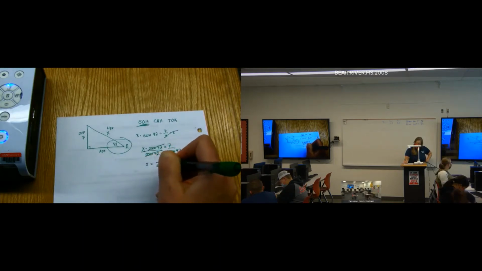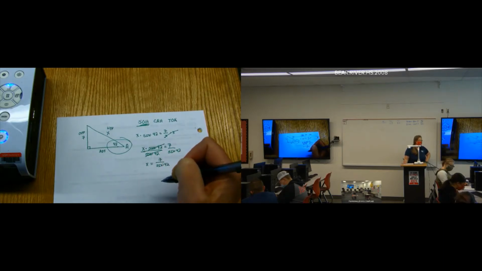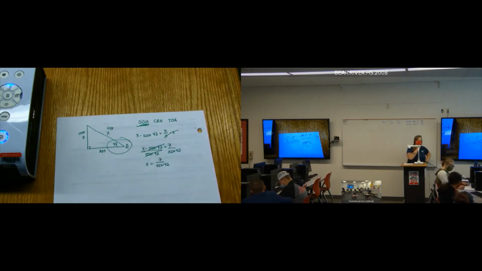Do you have your calculator out? No? Do you have your computer screen on? I knew you did. That's why I called on you. Make sure you do scientific. DEG, you got to be in degrees. Now type in 7 divided by sine 42.